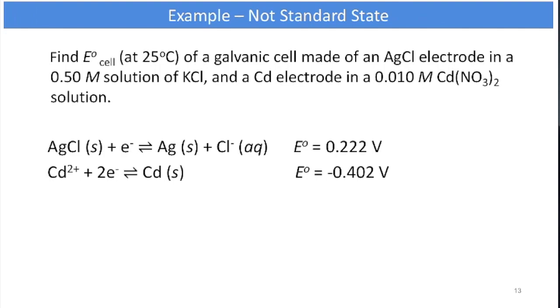Okay, now let's go through an example at non-standard state conditions. The other one was at standard state because it was at 25 degrees Celsius and each of the components, aluminum and copper, were at concentrations of 1 molar. In this case, we're also at 25 degrees Celsius, but we have concentrations of our components that are not 1 molar. So we know we're at non-standard state conditions.